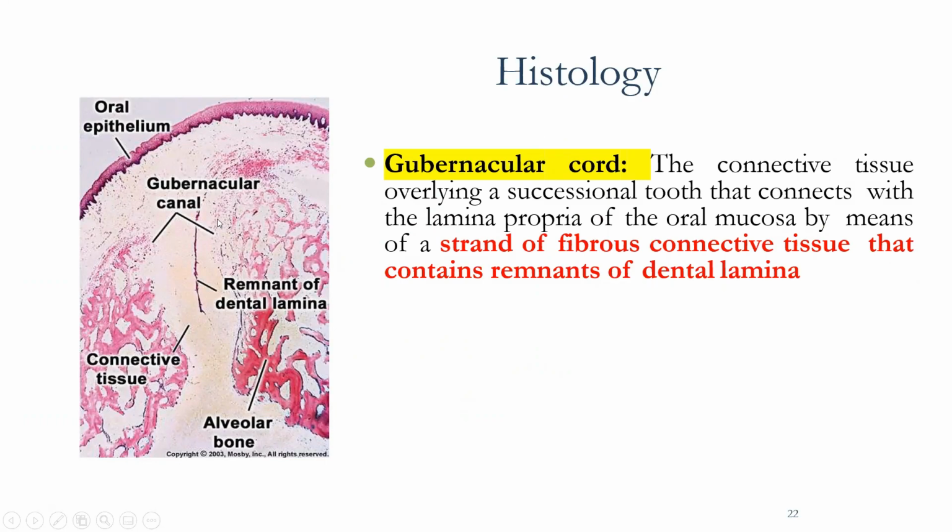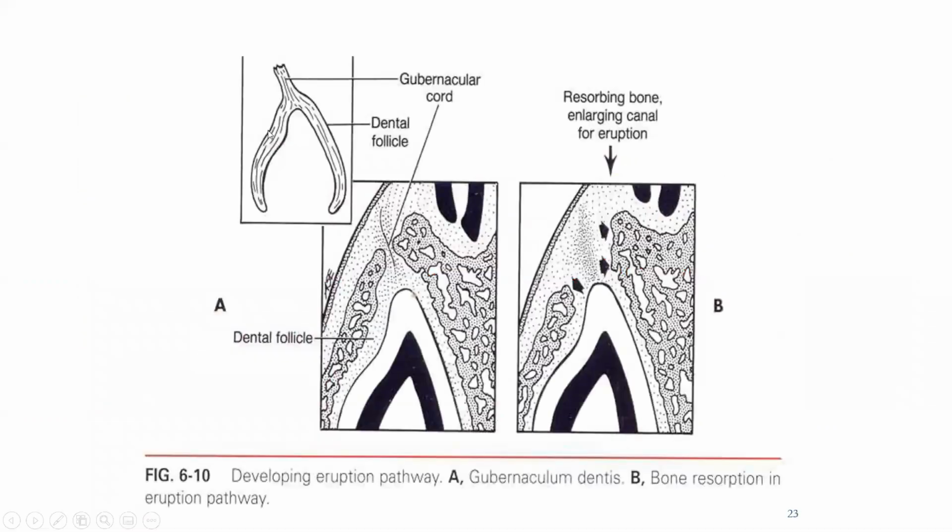Gubernacular cord, this is the cord. This cord is nothing but the remnant of the dental lamina. It is a strand of fibrous connective tissue, and this strand is attached to the dental follicle, which is actually surrounding an erupting tooth. So this acts as a pathway for the eruption of the tooth.